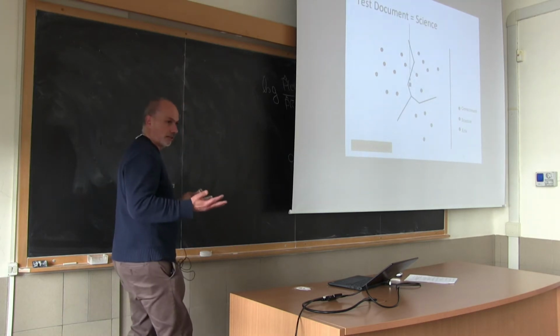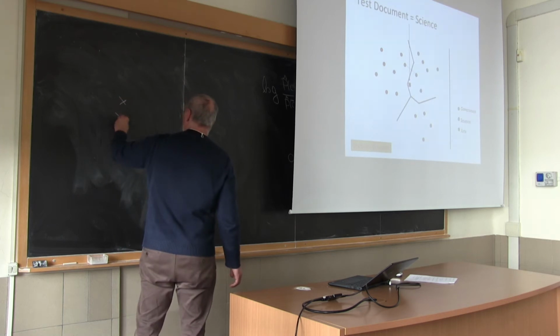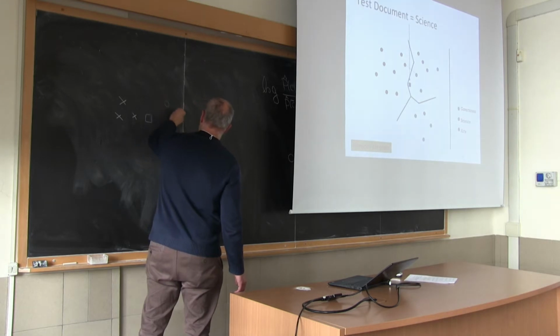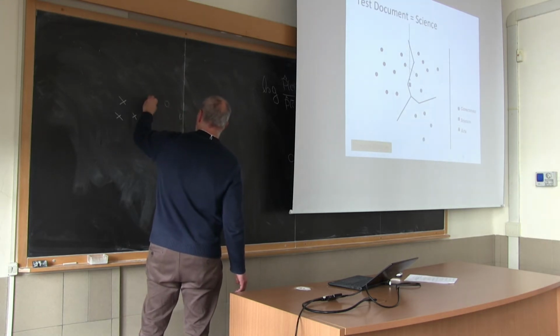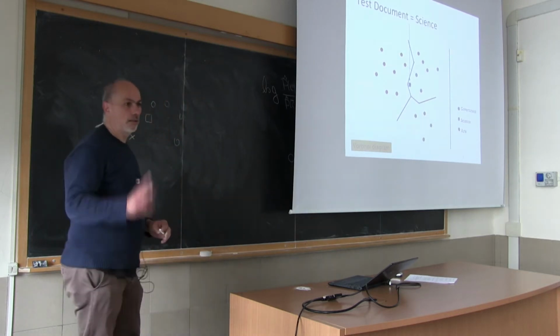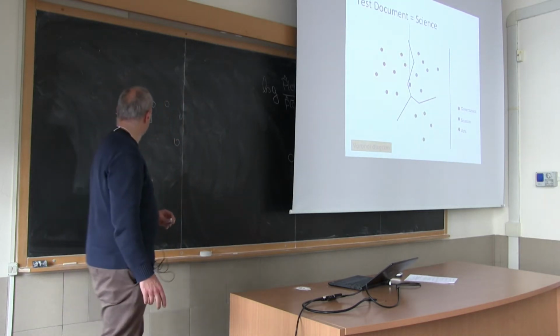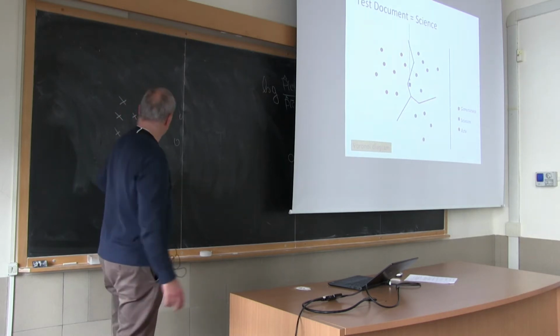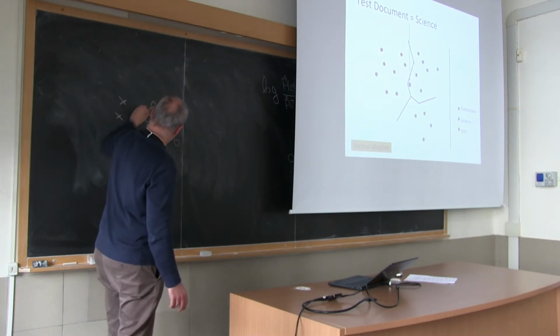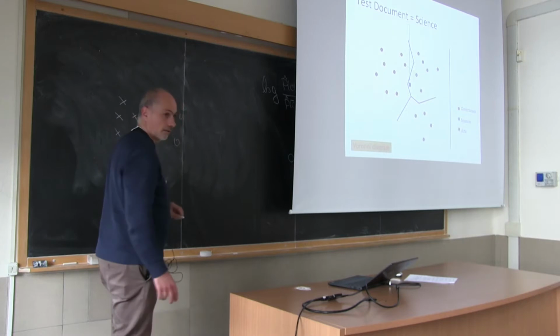Now I am simplifying a little bit. Assume that again I have stars and circles. Let's say that I pick 3 nearest neighbors. My nearest neighbor is this. The second nearest neighbor is this. The third nearest neighbor is this.